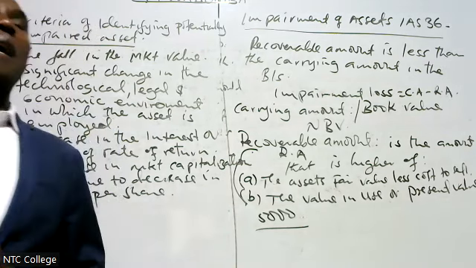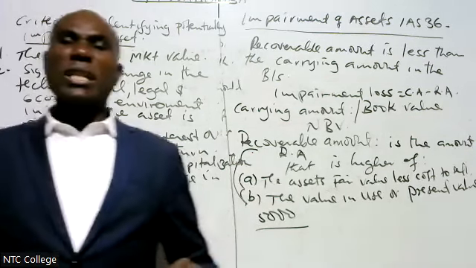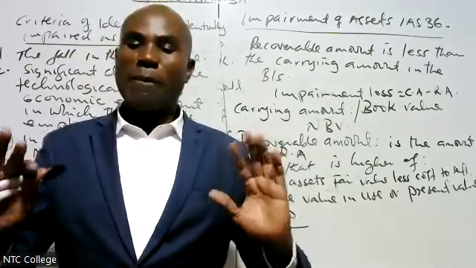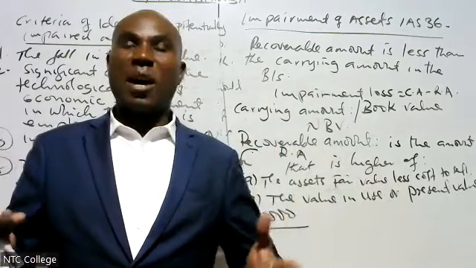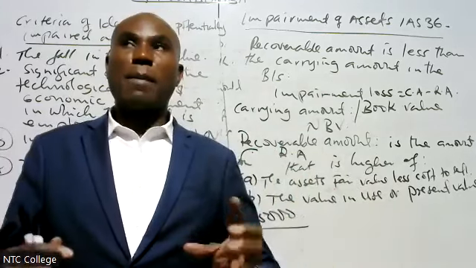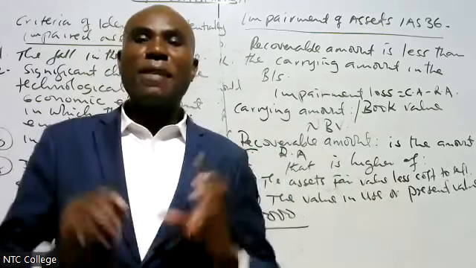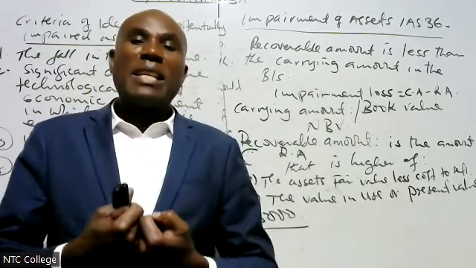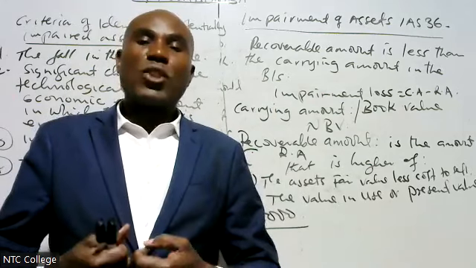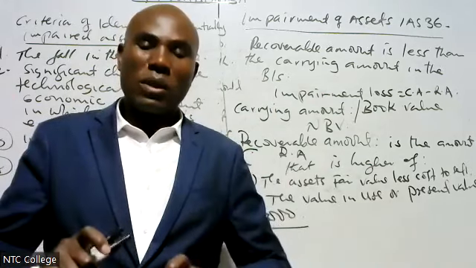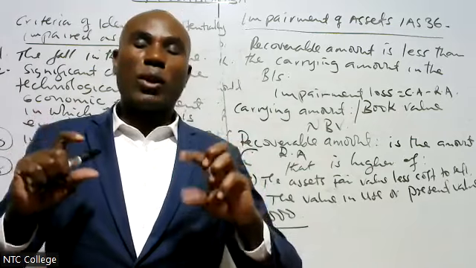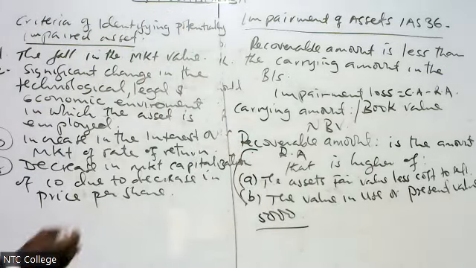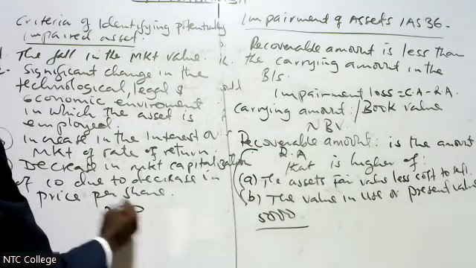Remember, when we talk of impairment, it's not only the computer, the motor vehicle, or your chair in the house. Sometimes even the company itself can be impaired, by virtue of the value going down. For example, maybe you have 2,000 shares in your company.